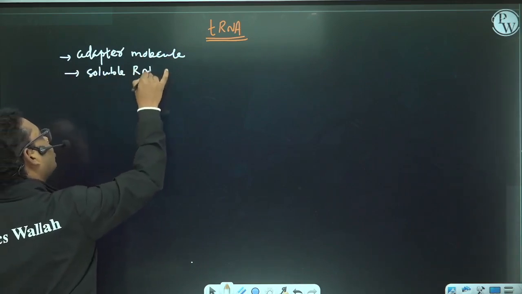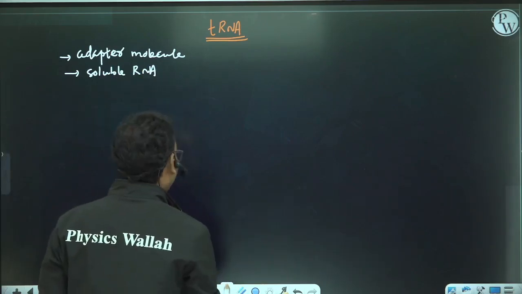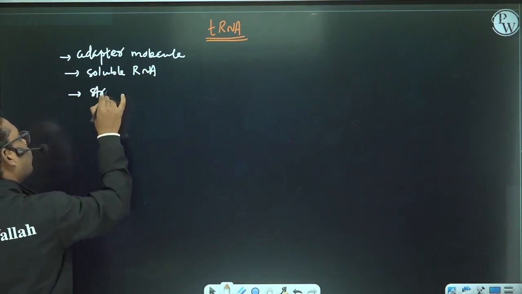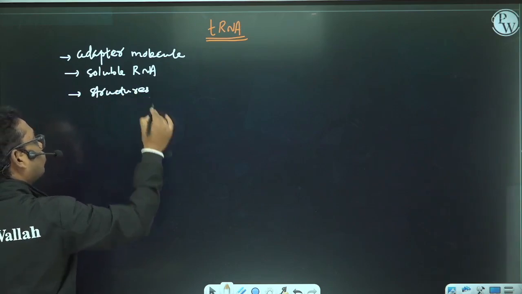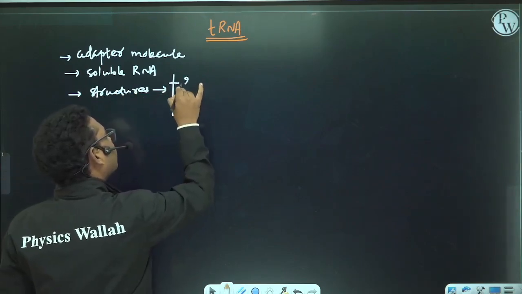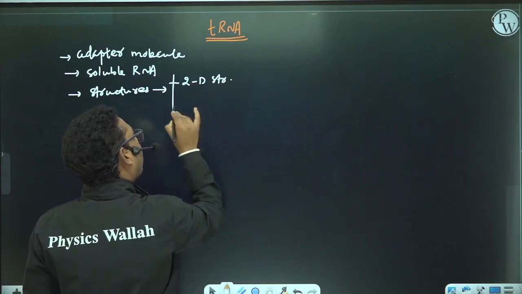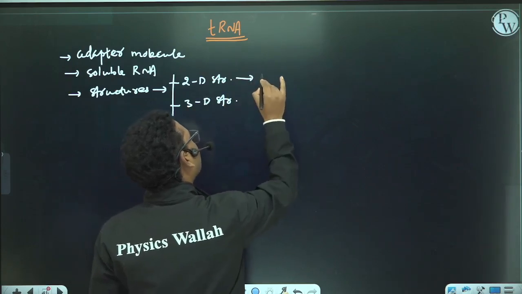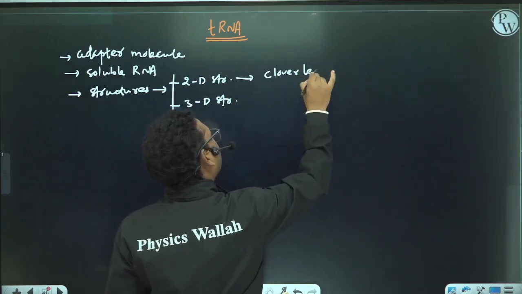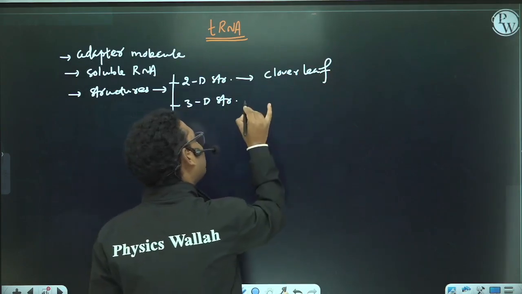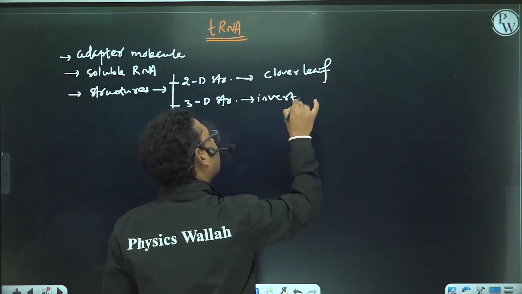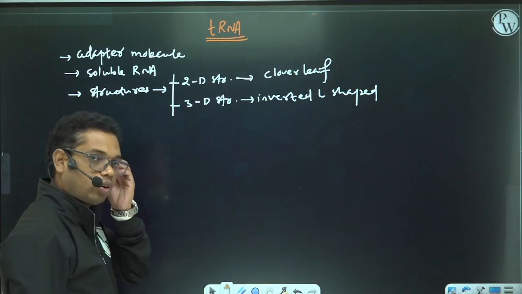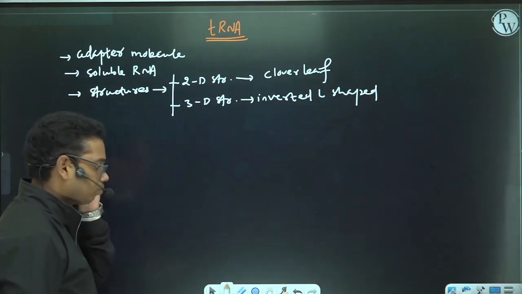It has two types of structures, 2D structure and 3D structure. The 2D structure is a clover leaf-like structure, and the 3D structure is an inverted L-shaped structure. Okay, so let me draw the clover leaf-like structure.